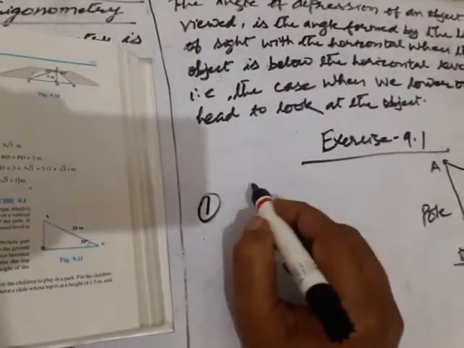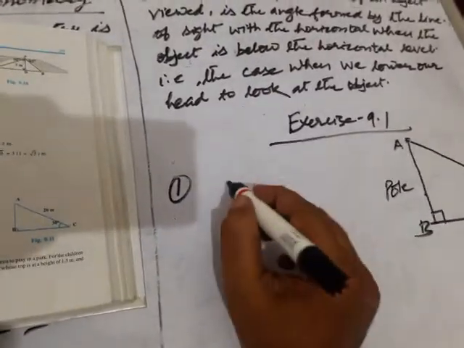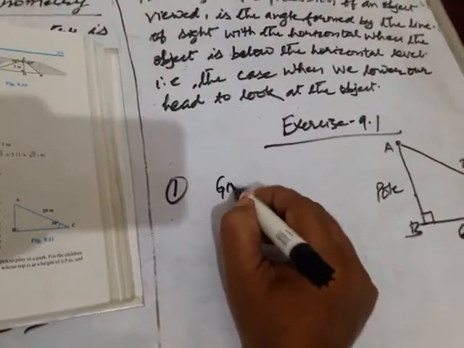Okay, let us see. Since the figure is given, you don't have to write much over here. Here what is given? The figure is given in the question.